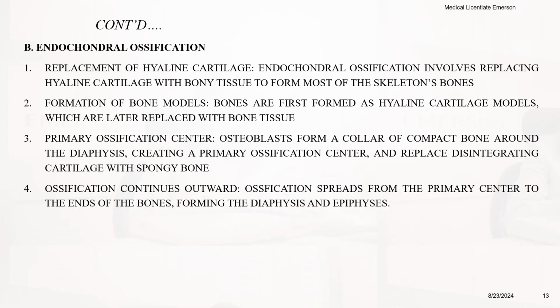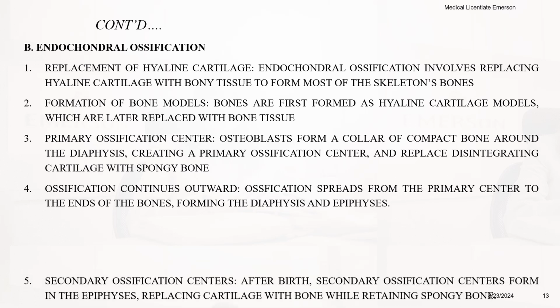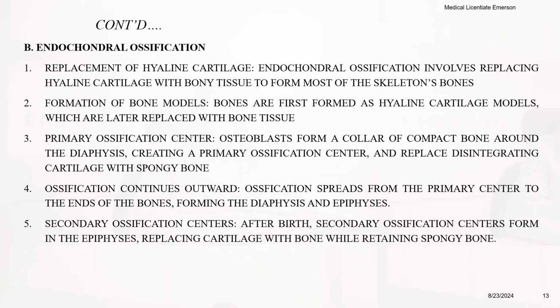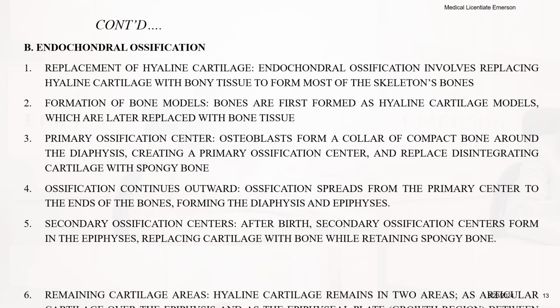Then ossification continues outward, so the ossification is going to spread from the primary center to the ends of the bones, forming the diaphysis and the epiphysis. Then there will be secondary ossification centers which occur after birth, where the secondary ossification centers form the epiphysis, replacing cartilage with bone while retaining spongy bone.